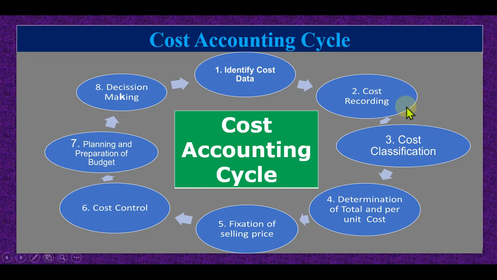Then we will record that cost. Then we will classify the cost. Then we will determine total and per unit cost. We will fix a selling price. Then we will control any excess cost. Then we will do planning, preparation and budget, and we will take decisions. This is the cost accounting cycle. Dear student, I hope all of you understand.